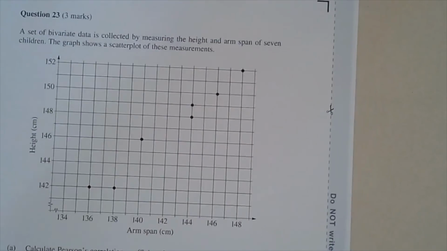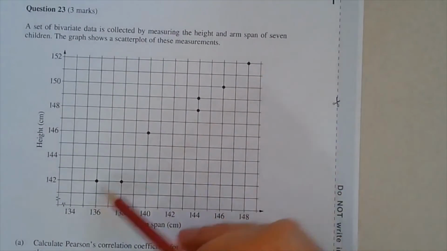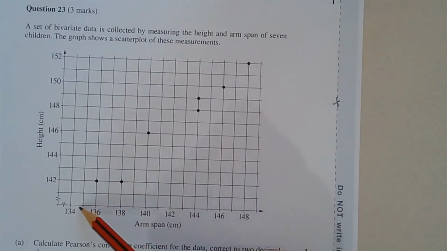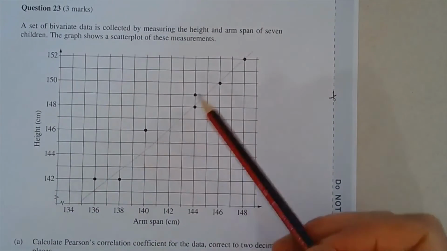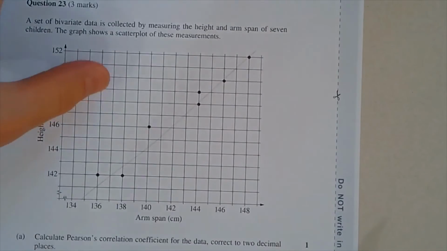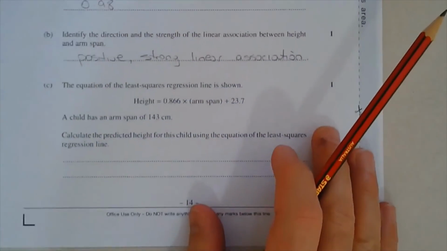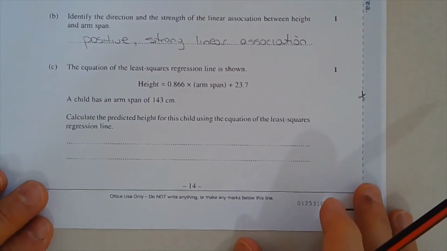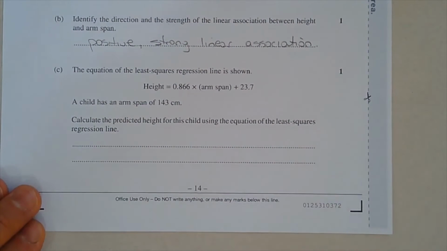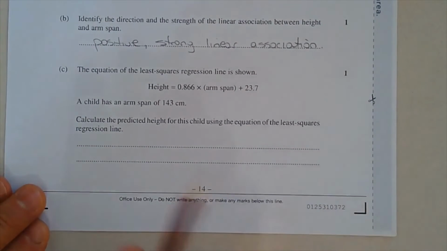You can see that from the dots on the scatter plot: if you were to draw a line of best fit, the dots align fairly close to the line. So you'd expect it to be positive and strong.